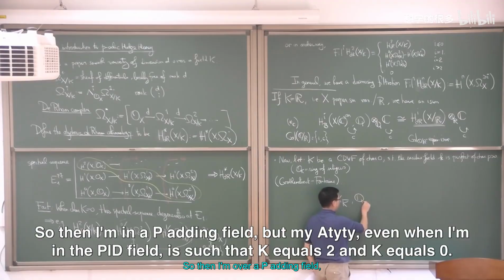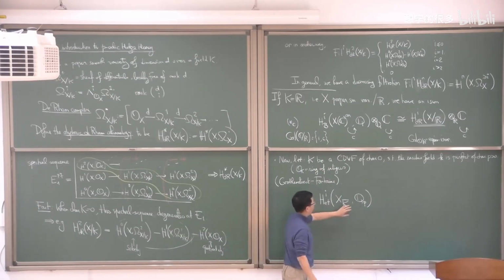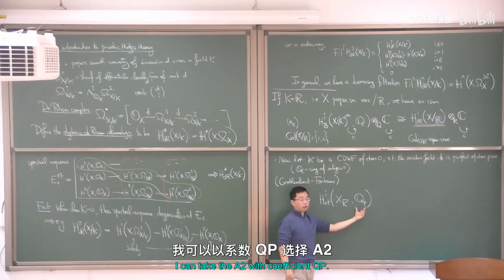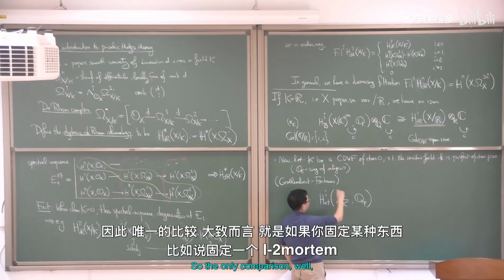So then, I'm over a p-adic field. But my étale cohomology, even though I'm over a p-adic field, since K has characteristic 0, I can take the étale cohomology with coefficients Q_p.